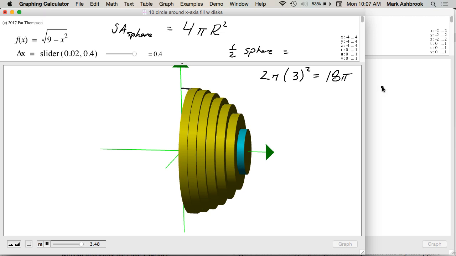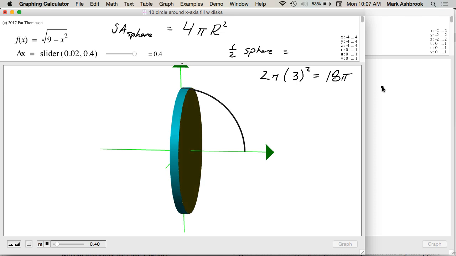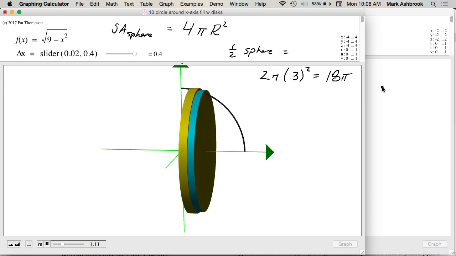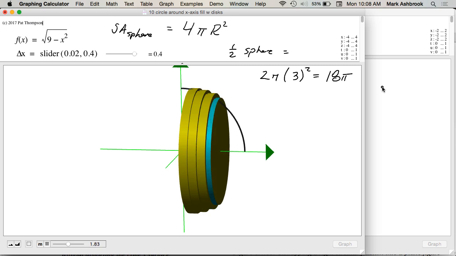Okay, so we came up with a rate of change function for surface area of 2 pi y. We want to test that out. If we accumulate surface area from 0 to 3 using the rate of change that we came up with, then we're checking to see if we're going to get 18 pi.